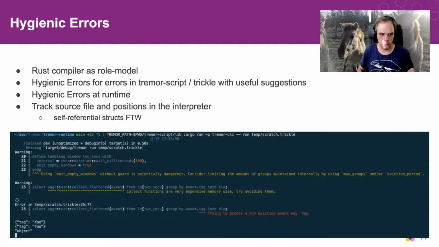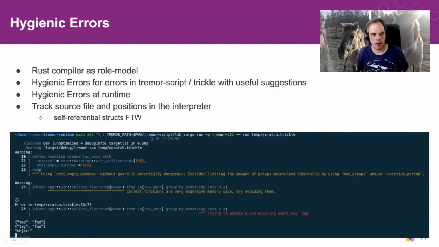Below here I just made a screenshot. I was running a script, and it gave me two warnings: I used a tumbling window in a possibly dangerous fashion, and I used an aggregation function that's possibly very expensive memory-wise, and I got warnings, nice. So I knew, hey, you do something that's a bit dangerous.